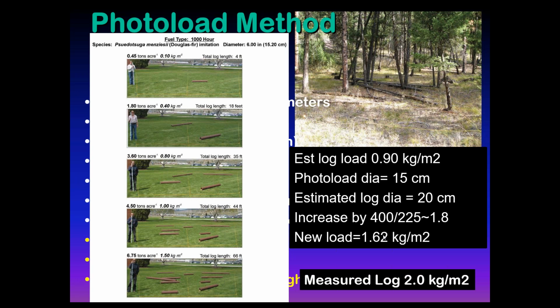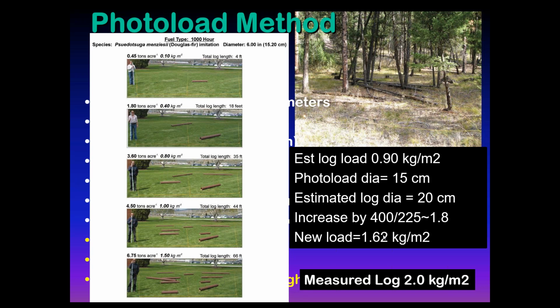And what's the real fuel loading? Around 2 kilograms per square meter. So you're still getting within 25%, but these estimates really aren't as good as the fine woody debris and shrub, because, of course, we're looking at 100 square meters rather than just 1 square meter.